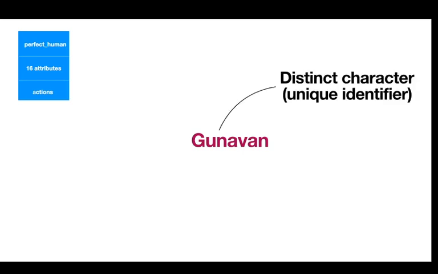Gunavan definitely means good character, but it also means the most intrinsic quality of an individual, which will make that person unique from others. So, among all the qualities that an individual possesses, the dominant inherent quality in an individual, which separates that person from others and makes him unique, is what is called guna.